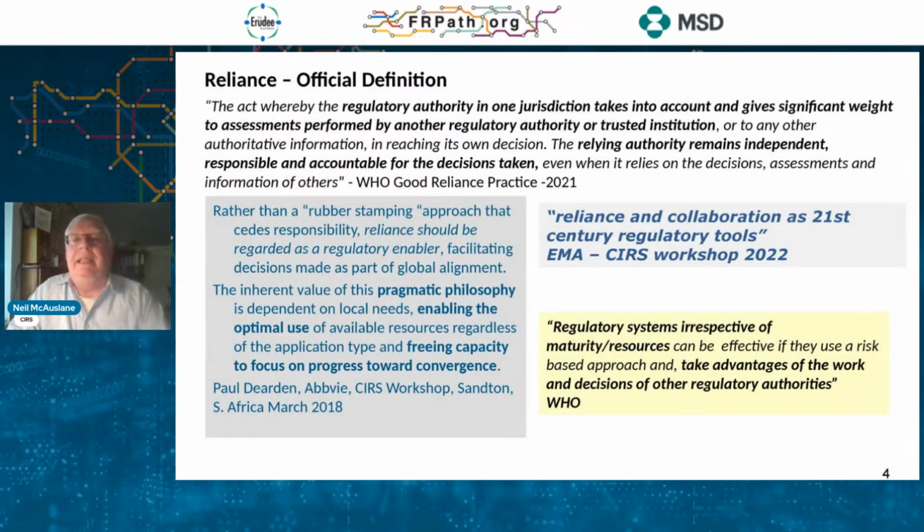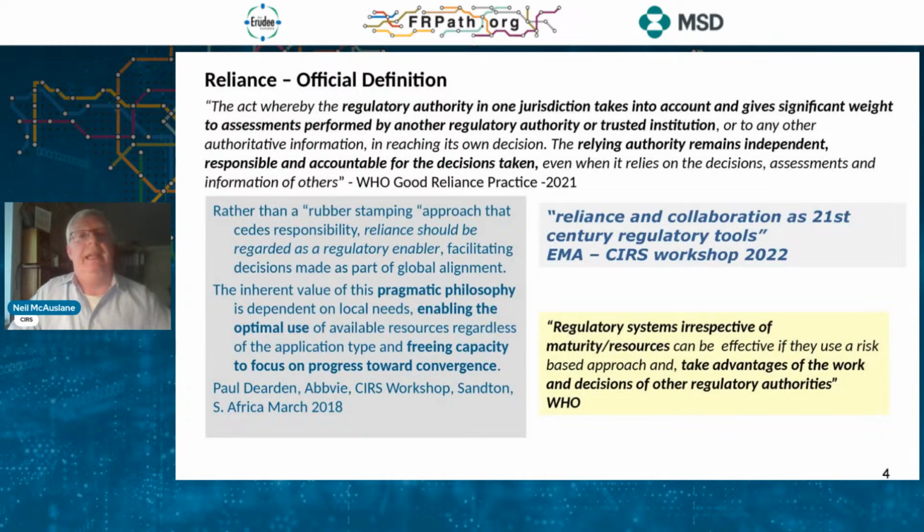That means information needs to be available from another agency in order to leverage that and take account of it in the review. And I think it's important, because this isn't about a rubber stamping approach or exceeding responsibility, because each agency is going to be responsible and accountable for the decisions they make. But it doesn't mean they can't rely on decisions, assessments, and information of others.